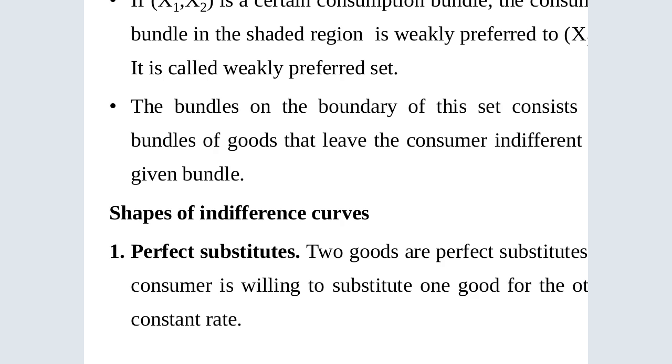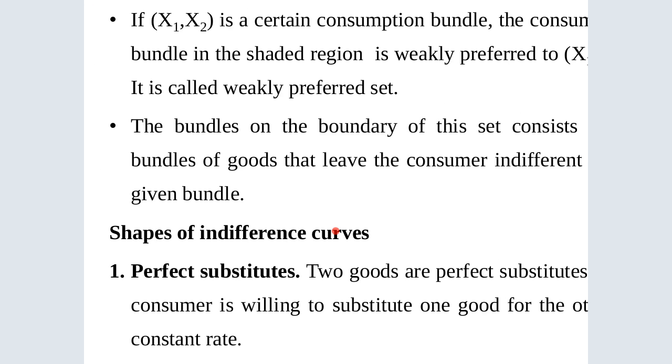If I take you back to introduction to microeconomics that you discussed in your first semester, year 1: perfect substitutes are those goods that the consumer can substitute one for the other.